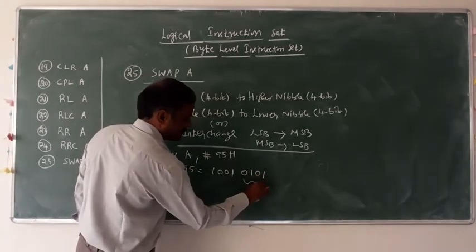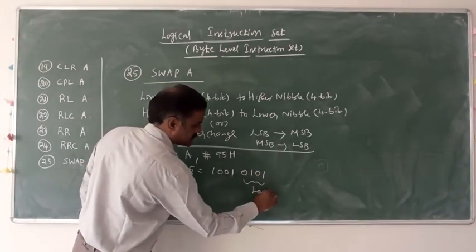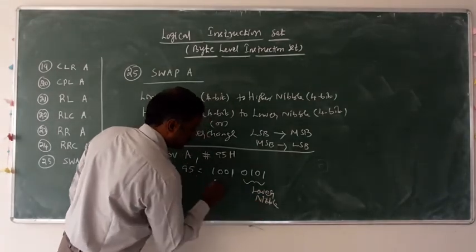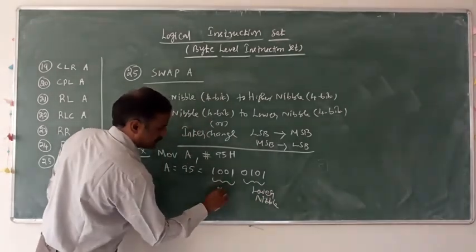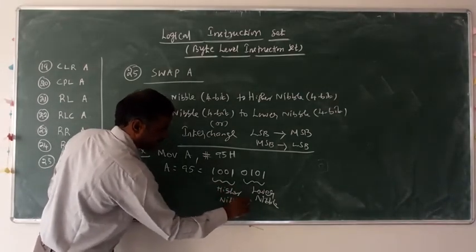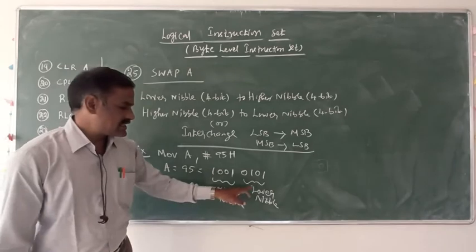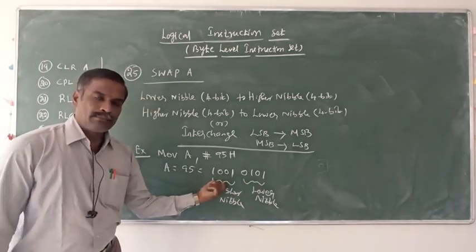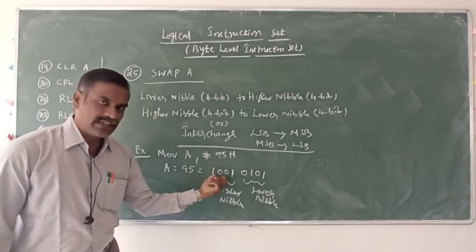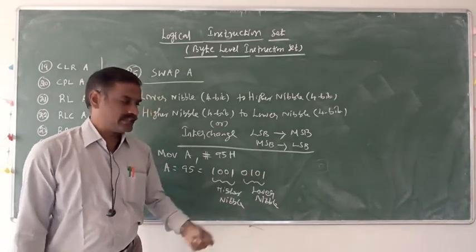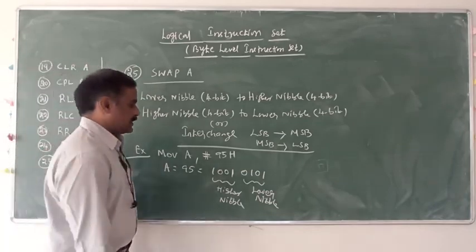This is the lower nibble data, and this is for higher nibble data. Okay, now to interchange the lower nibble 4-bit data to MSB, and the MSB 4-bit data to move to lower 4 bit. Okay.